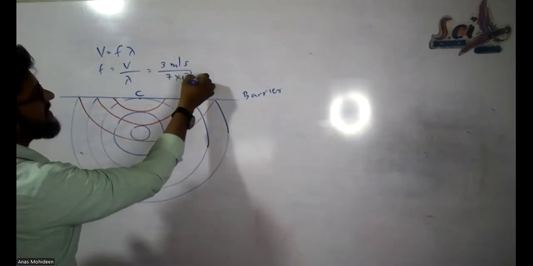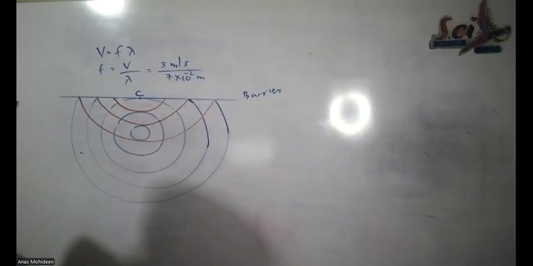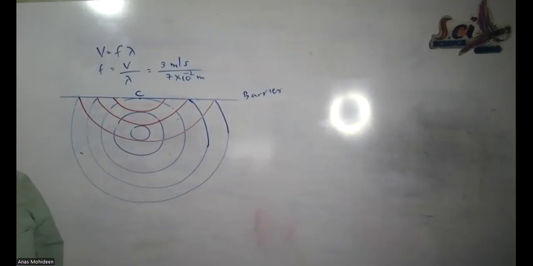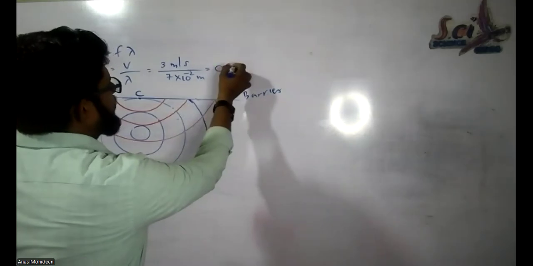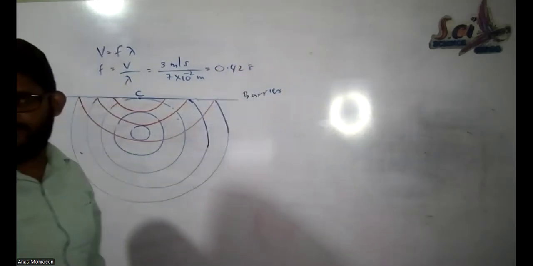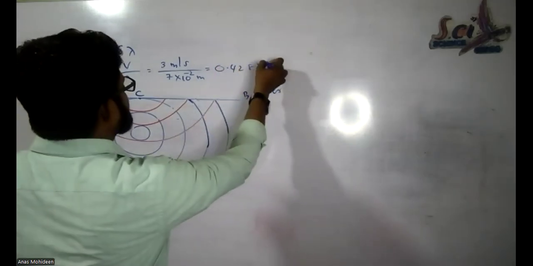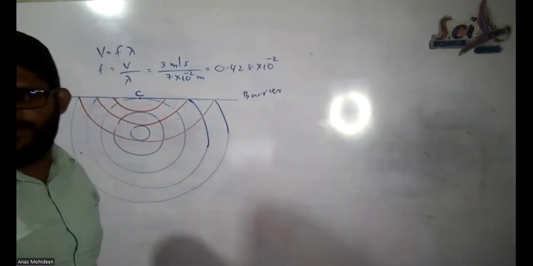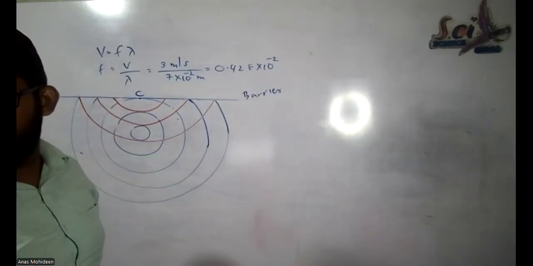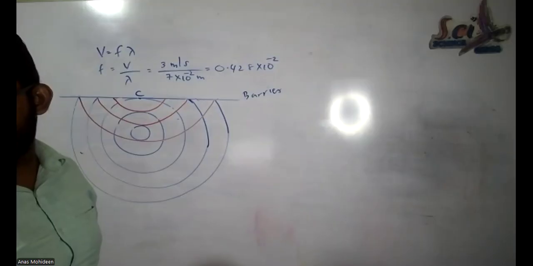Centimeters, I have to take as 7.0 times 10 to the power minus 2 meters. So 3 divided by 7 gives 0.428 times 10 to the power minus 2.